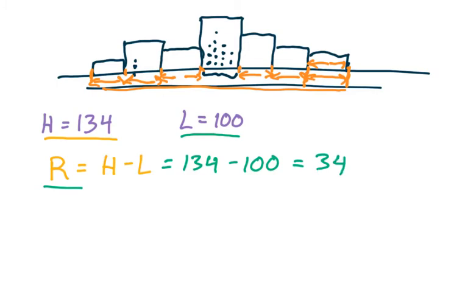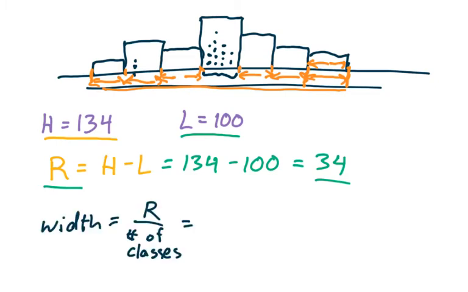So this gives us a picture of where the data is located, and then the range tells us how spread apart the data is. And now using this and the number of classes that we have already determined for ourselves that we want to use, this will allow us to calculate how wide each of these classes needs to be. So the class width is going to be defined as follows.